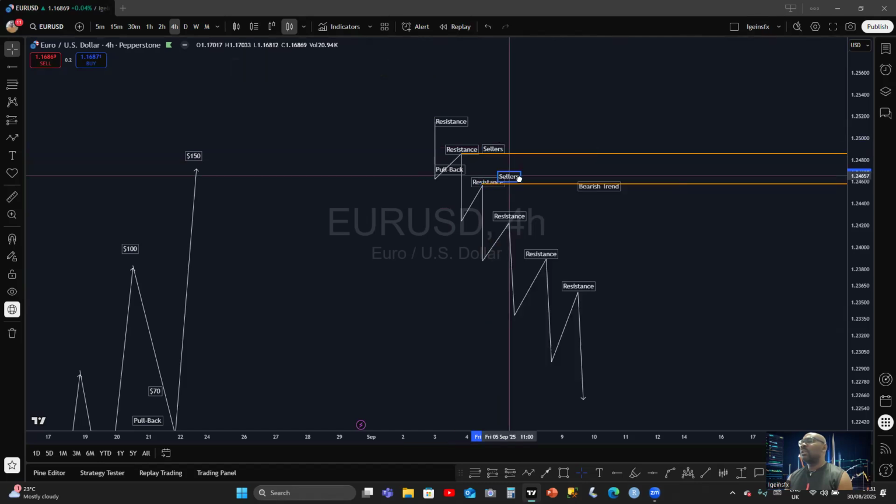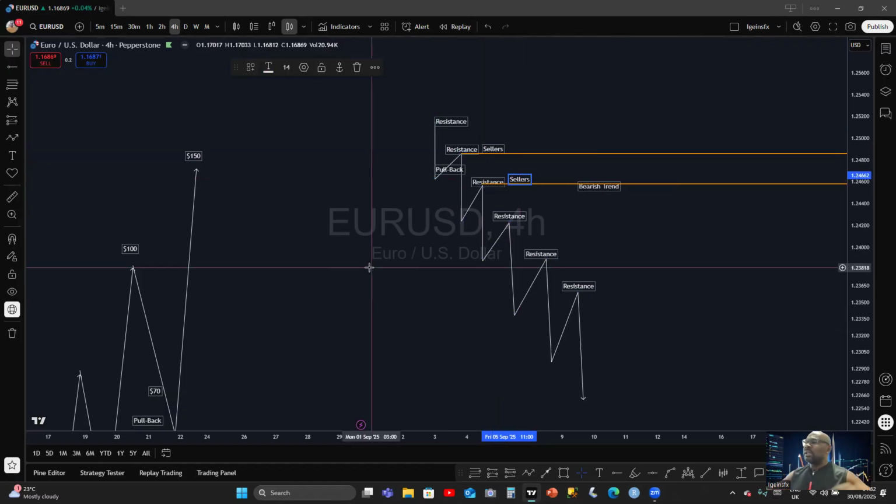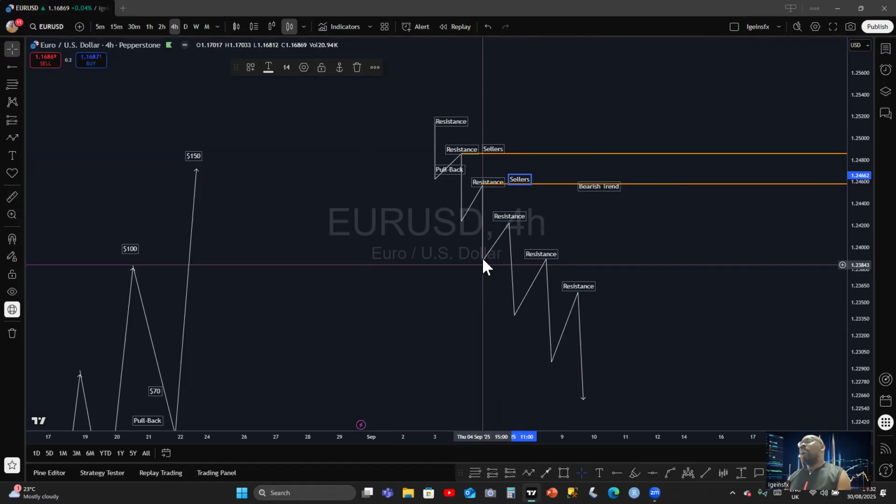So you see, anywhere there's a resistance, just know that they are sellers. It's the sellers that are creating a resistance, a level where they are waiting for price so that they will now sell. They will sell high. Then when price goes low, they will now buy. All right?